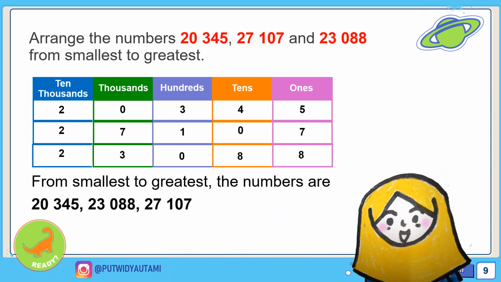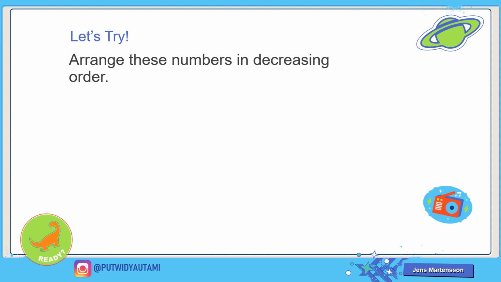So, we got that from smallest to the greatest, the numbers are 20,345 and then 23,088, and the greatest is 27,107.